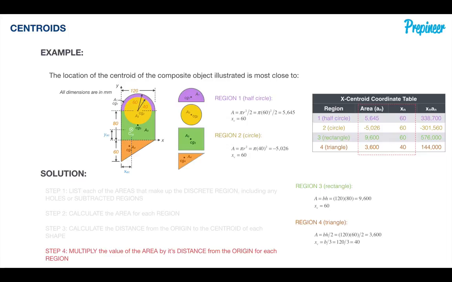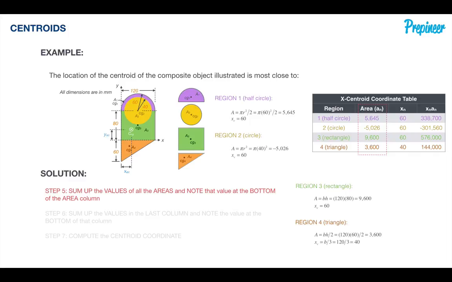Now take note that our negative value carries through in region 2, in that circle row. If you don't carry that negative number through, you're definitely going to get this problem wrong. Again, a very simple mistake to make on the exam. Very simple.